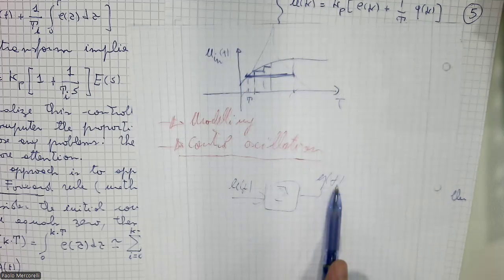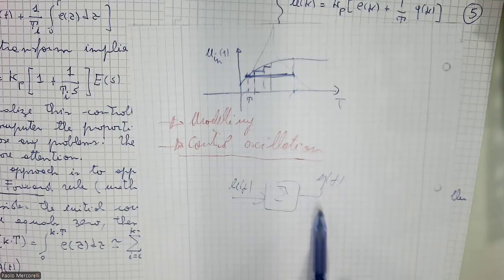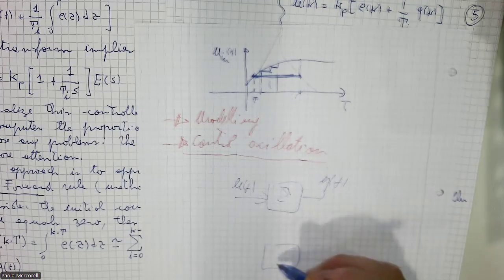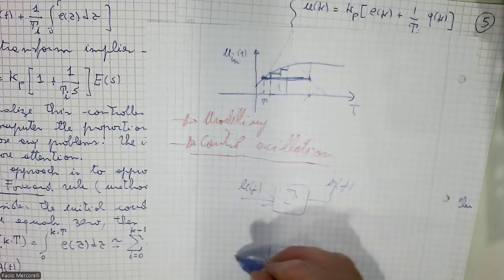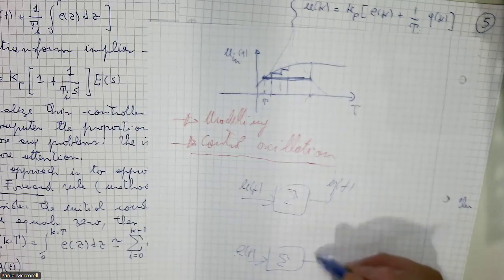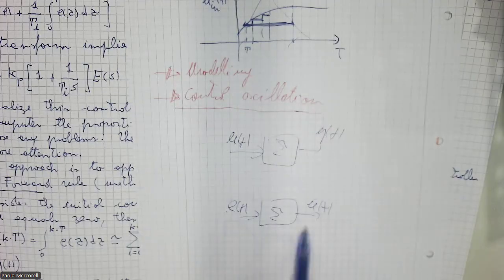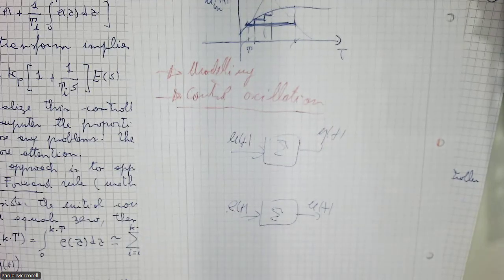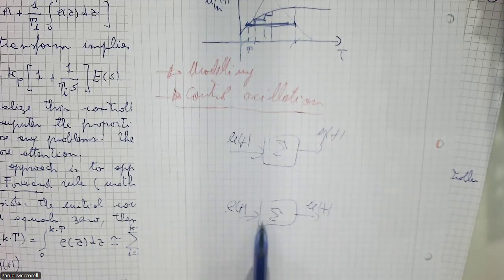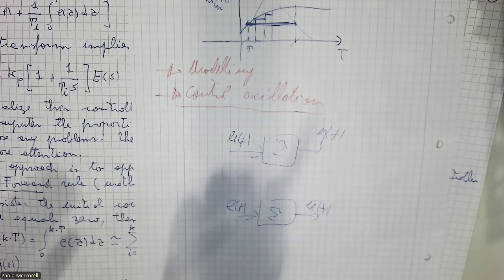In order to generate my output, which is in the controller, is something different. We have an input error, and here u of k, or u of t in continuous. This is in our normal application, in the microcontroller. This means the example which I put makes full sense.